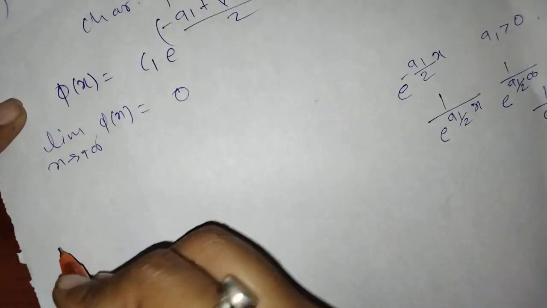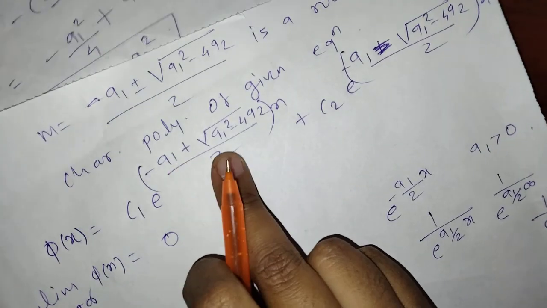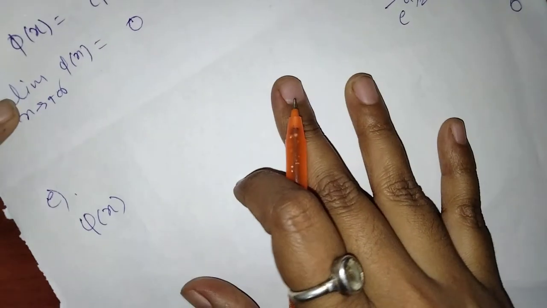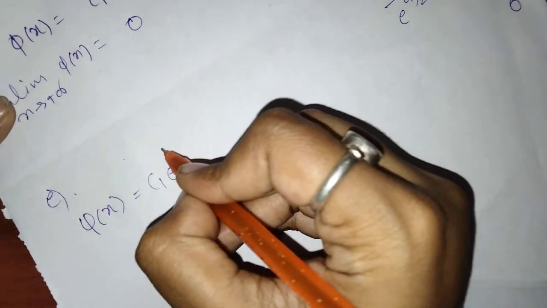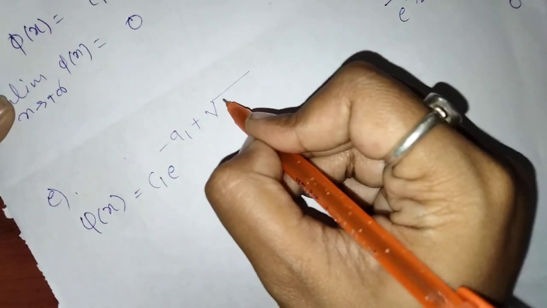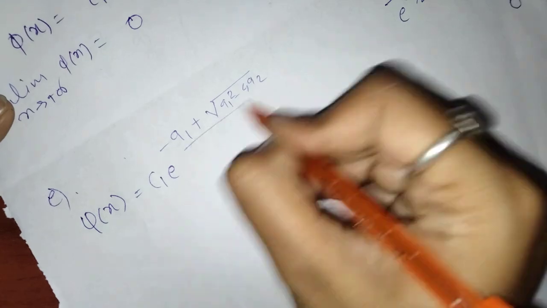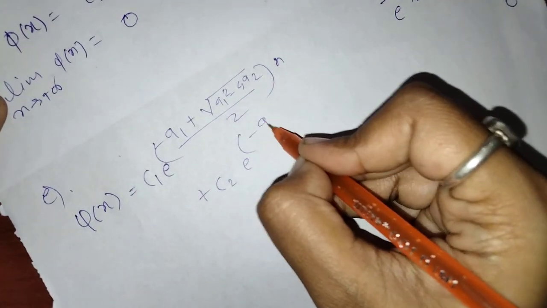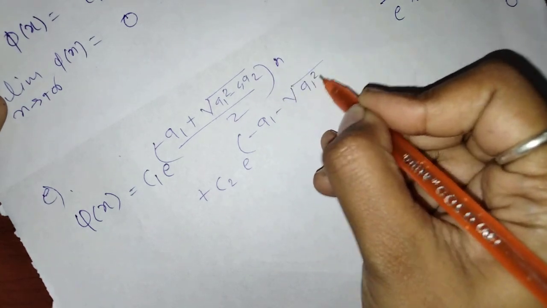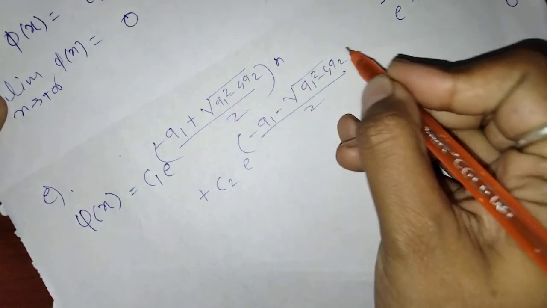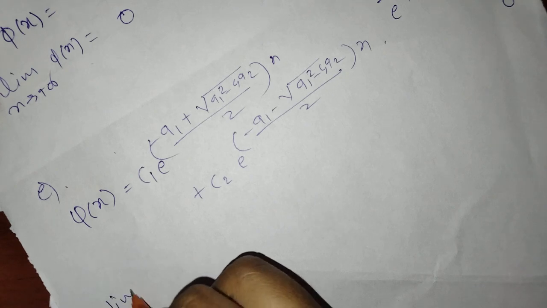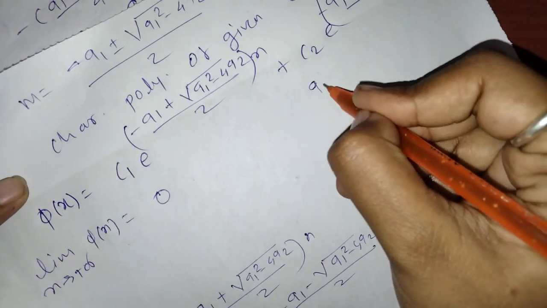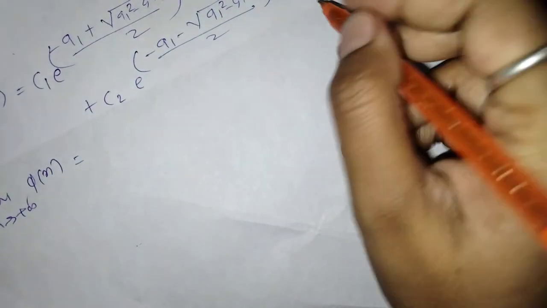Now for a1 less than 0, phi of x we have c1 e raised to (minus a1 plus under root a1 square minus 4a2) upon 2 x plus c2 into e raised to (minus a1 minus under root a1 square minus 4a2) upon 2 x. Now the limit x tends to plus infinity of phi of x. Here a1 is less than 0.